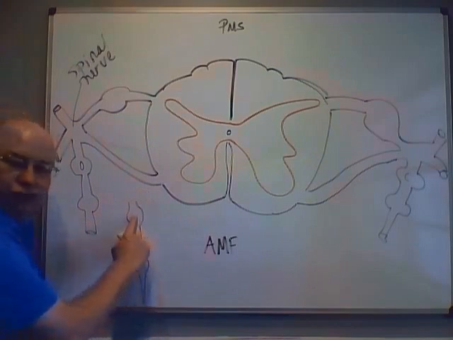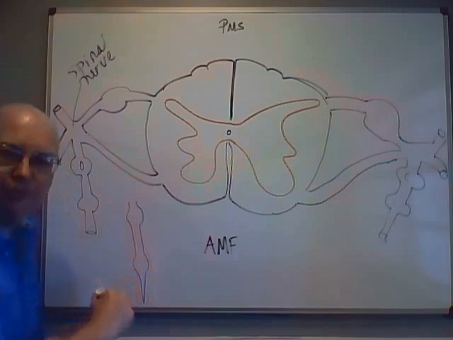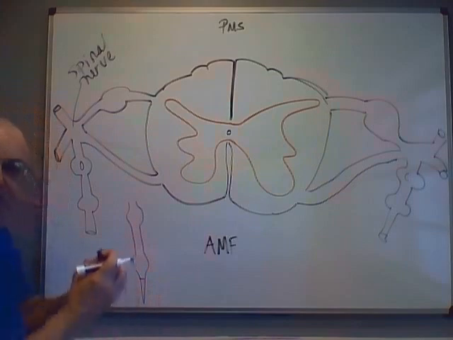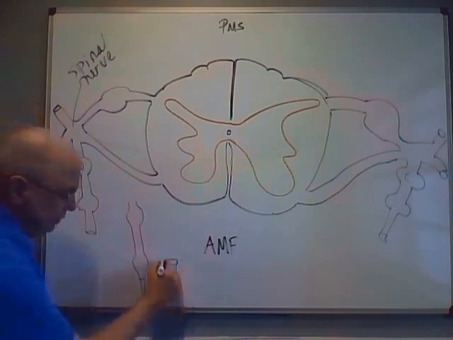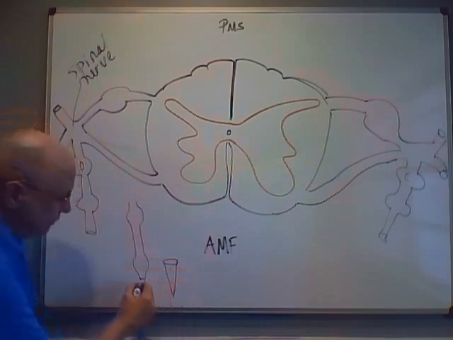We call this the cervical enlargement. This is called the lumbar enlargement because it's in the lumbar part of your spine where the lumbar vertebrae are. If I take a little piece of this off, the little bottom part looks like a little cone. So they call that the conus medullaris. And coming off of this region, there's a whole bunch of nerves that come off.